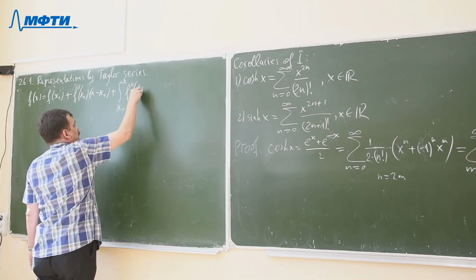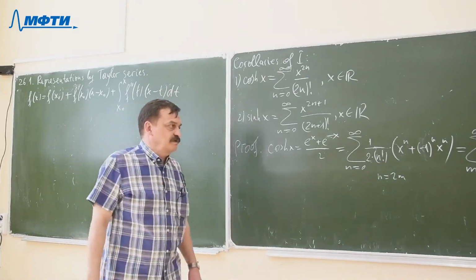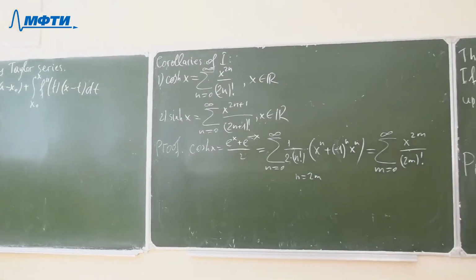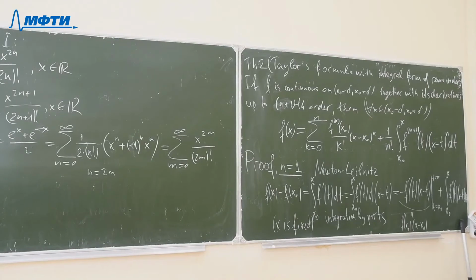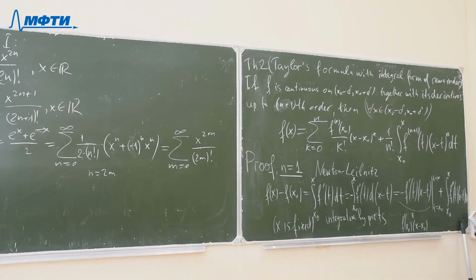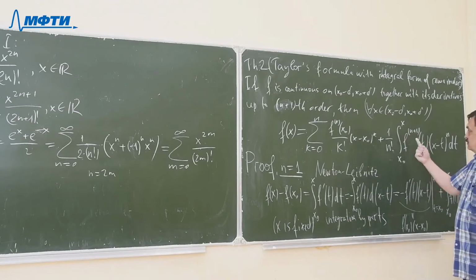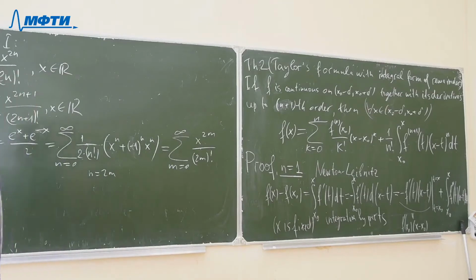Plus integral of f double prime of t times x minus t dt. And you see that is indeed the Taylor formula with remainder like it is written here. Substitute n equals to 1, second derivative, so everything is precisely like here. Okay, so we continue by induction.